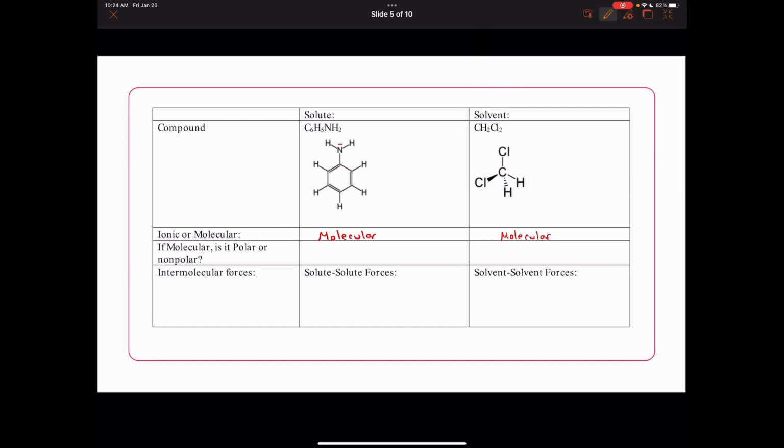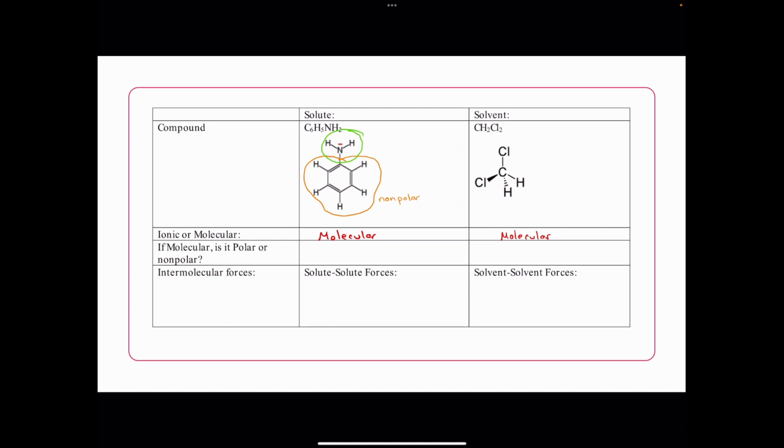Now, when I look at my C6H5NH2, I've got this group here that's all carbons and hydrogens. Those are all nonpolar bonds. But I have this NH2 grouping here. Remember that from our previous chapter, it is an amine.